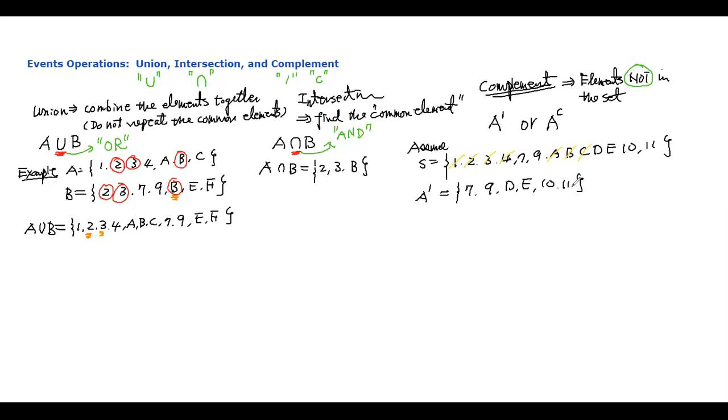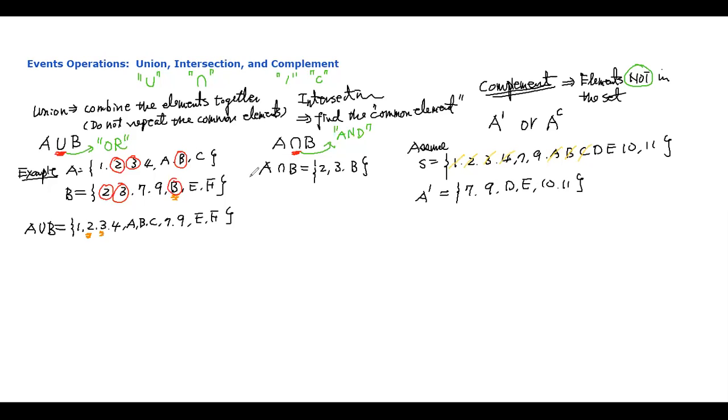And sometimes we can use a graph, just like in algebra, where you have a function and you have a graph. Here we can also use a graph to represent those operations, and we call it the Venn diagram.